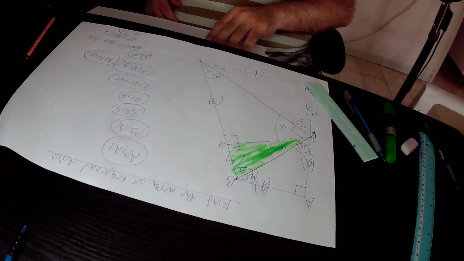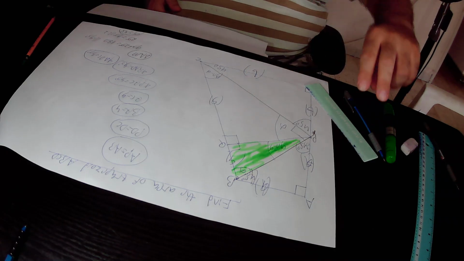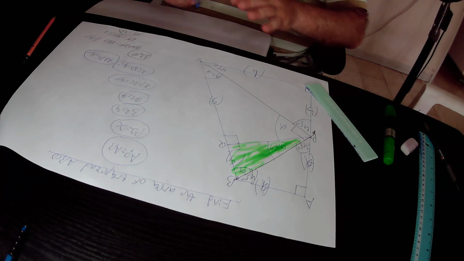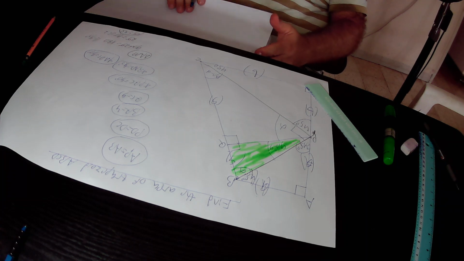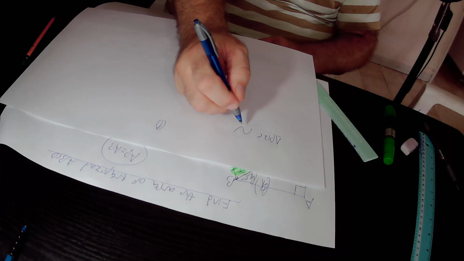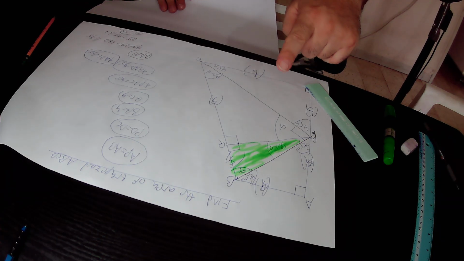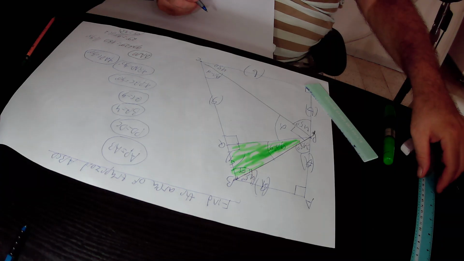So I write it down. We also found out that the big right triangle PQC is similar, this is the sign of similar, to the small green right triangle PBQ, according to the angle similarity rule.